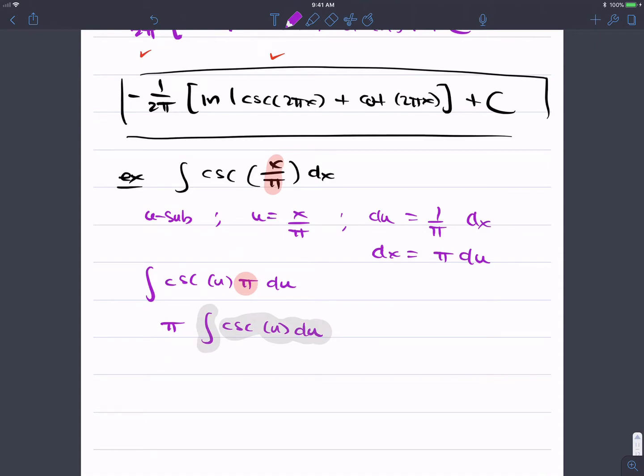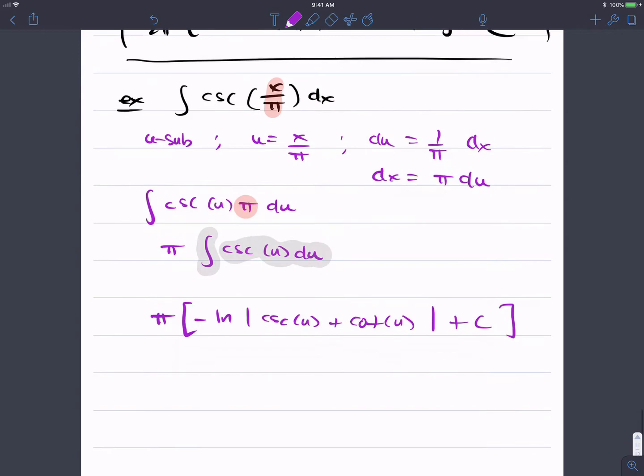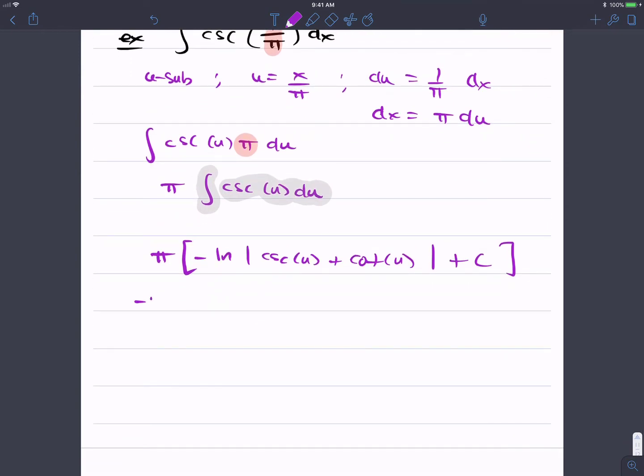So I'm going to now take this pi constant, it's still there, and multiply it by minus natural log absolute value cosecant of u plus cotangent of u plus that constant c. So when I distribute now, I get minus pi natural log absolute value cosecant u plus cotangent of u plus that c.